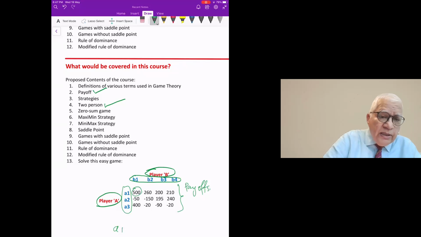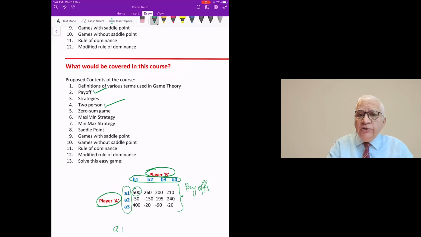What this means is, if player A uses strategy A1 and player B uses strategy B1, the resultant payoff is 500 monetary units to player A. So all the payoffs are written from the point of view of player A. Player B's payoffs are supposed to be exactly the negative of those of player A. In other words, if A gains $500, B loses $500.